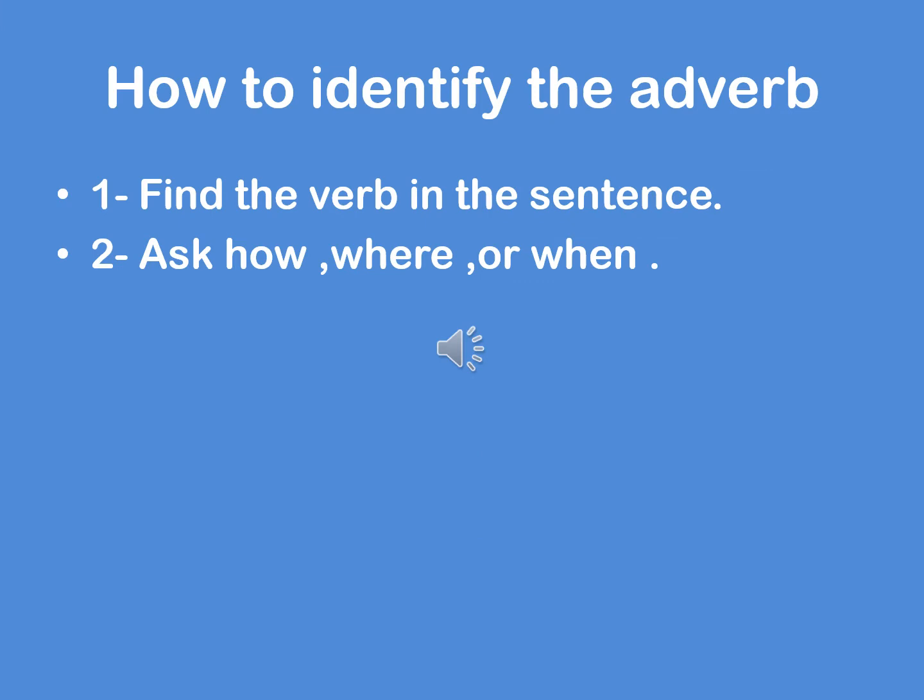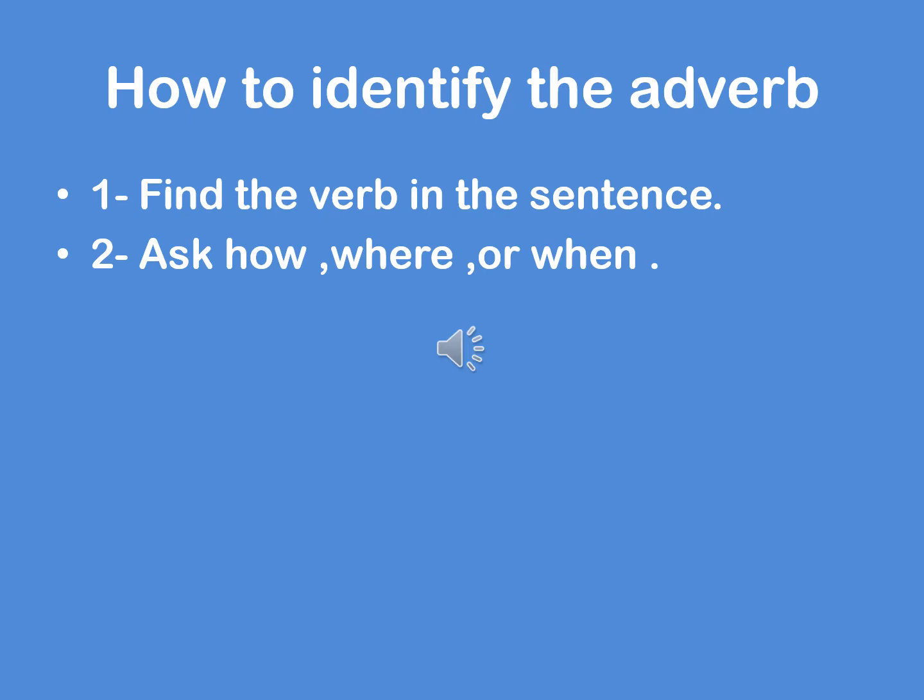In order to find your adverb in the sentence, you have to follow two steps. Number one, you have to find the verb in the sentence, the action verb, like jump, run, write, or read. Number two, you have to ask yourself, how did this happen?